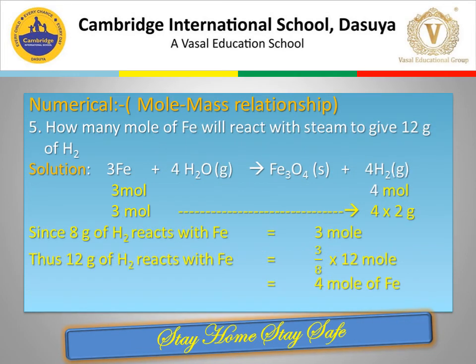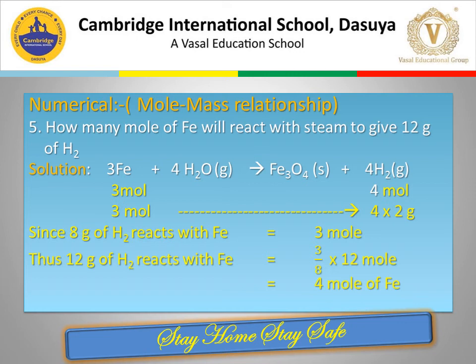Now we'll solve a question based on the mole-mass relationship. We've got a question here. How many mole of iron will react with steam to give 12 gram of hydrogen? We have to write the balanced equation, that we have done here. 3Fe plus 4H2O gives Fe3O4 plus 4H2.